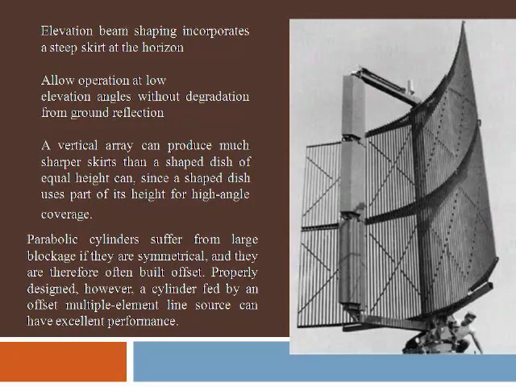But the parabolic cylinders suffer from large blockage if they are symmetrical, and they are therefore often built offset. Properly designed, a cylinder fed by an offset multiple element line source can have excellent performance.